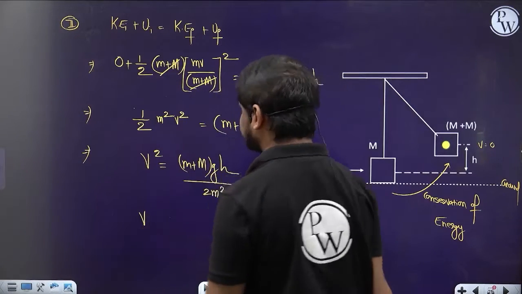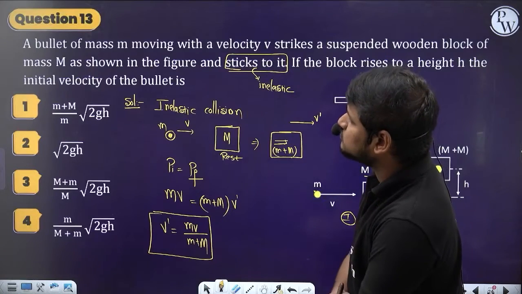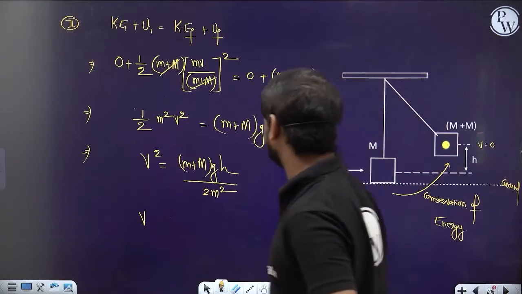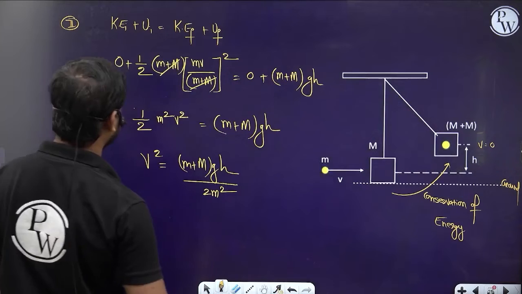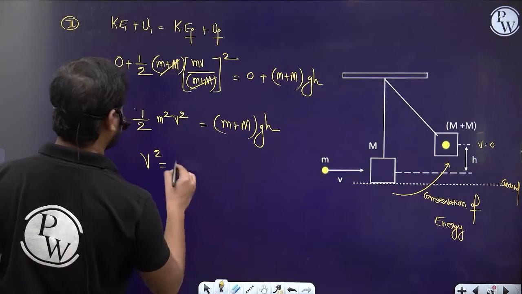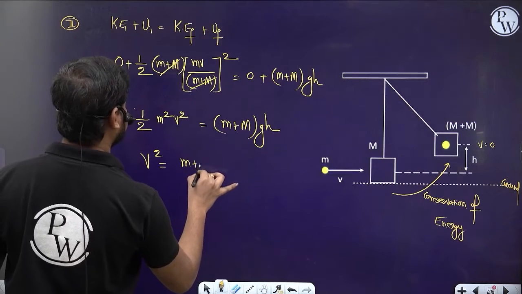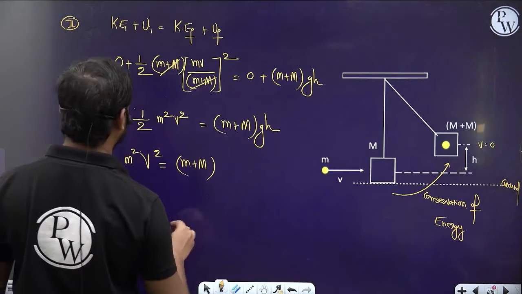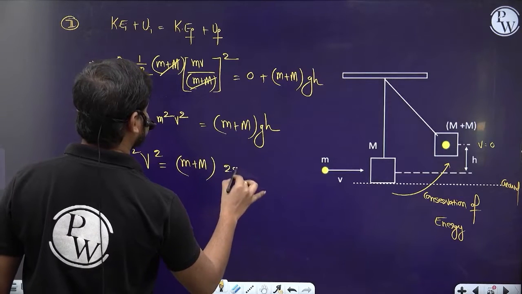So let's check the options once. It is in terms of root 2gh and like that. So let's write this way. The 2, if it goes that side, multiplies, right? So here I can write M plus m, let's write m square also to this side, m square is equal to 2gh, fine.